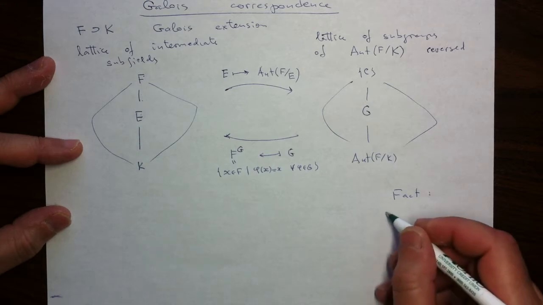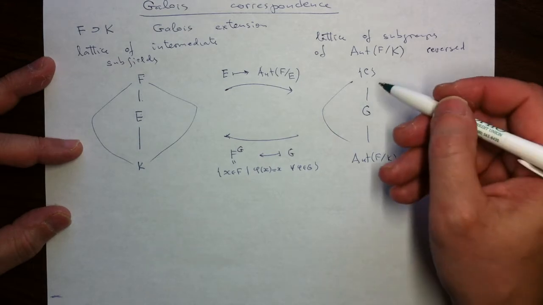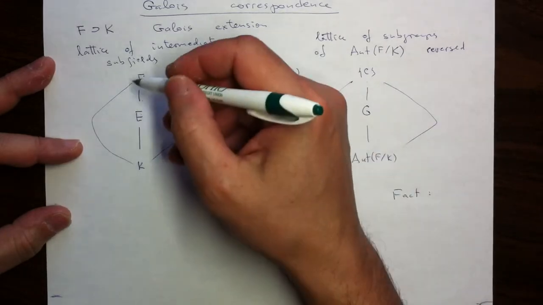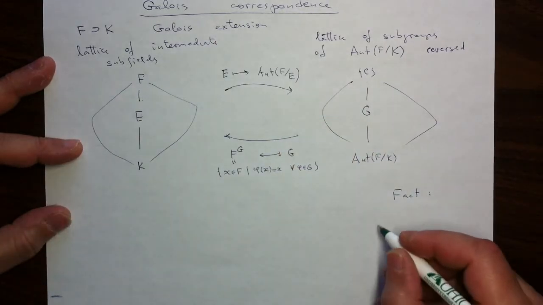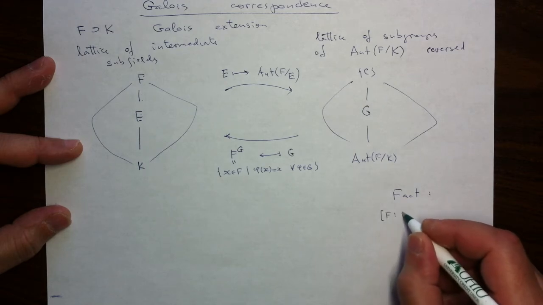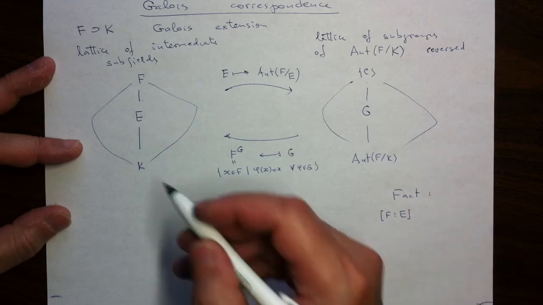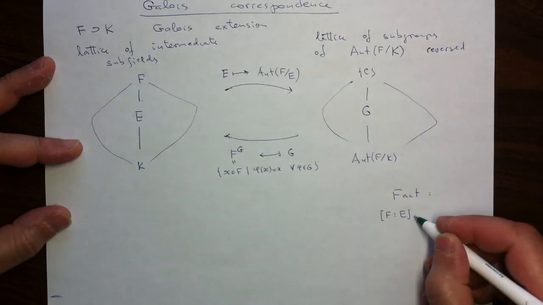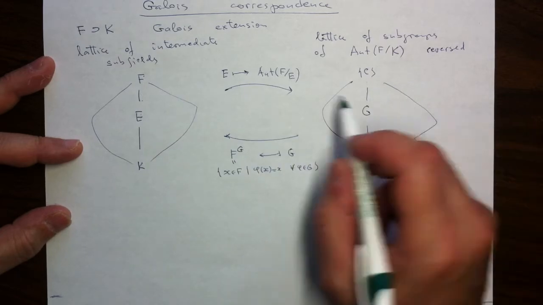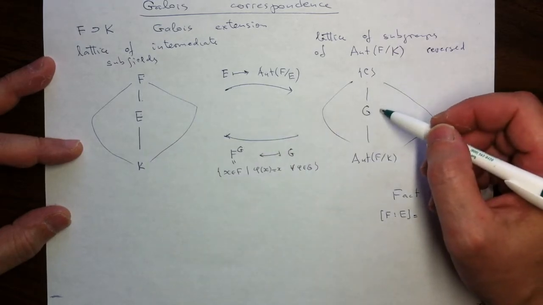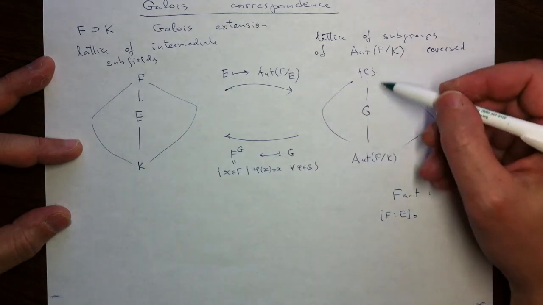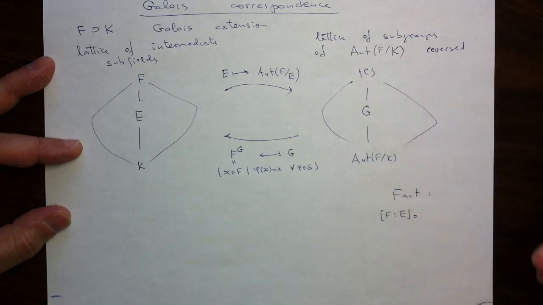So the facts are really saying that these correspondences we have preserve these measures, these numbers. So the first fact is saying that if we look at the degree of F over some subfield E, it will be the same as transporting it along this map to the other side of the correspondence, so to have this subgroup and measure its size.